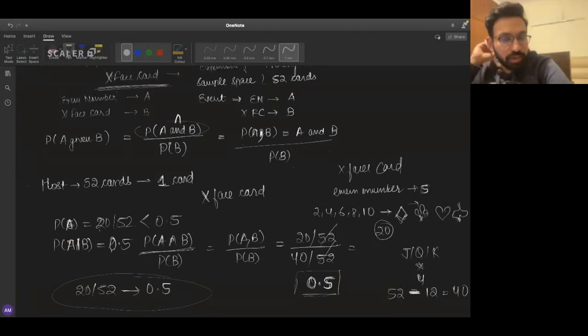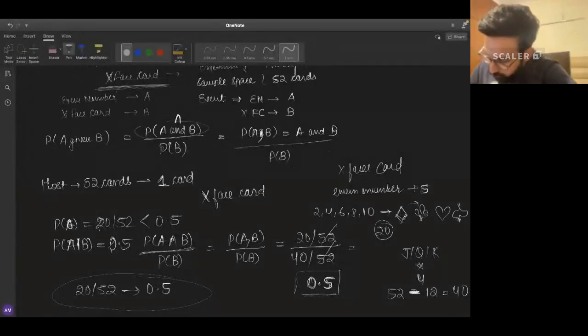I think it should be 20 by 40 in the numerator, and in the denominator we just have to write the probability of B, so it should be 12 by 52.